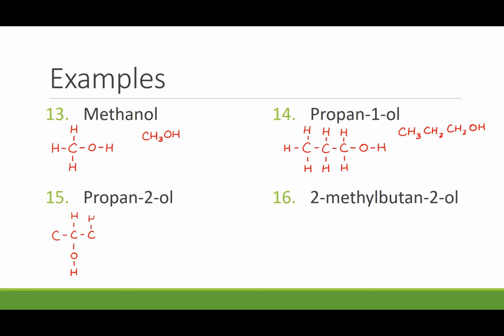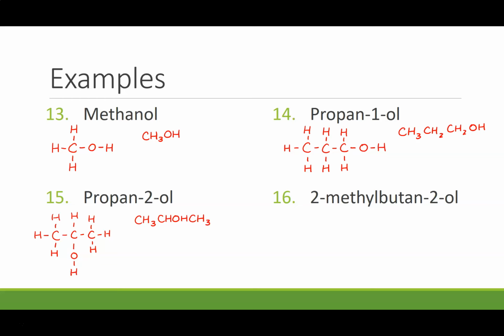And then we just need to fill in all of the hydrogens for the carbons to complete this structural formula. Notice that propan-1-ol from number 14 and propan-2-ol are structural isomers. And here is the condensed structural formula.